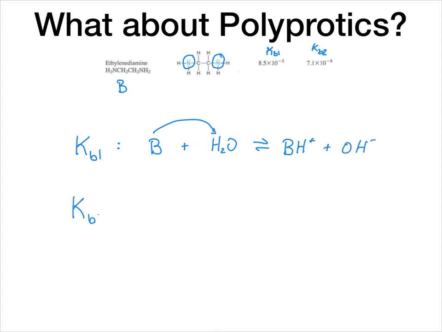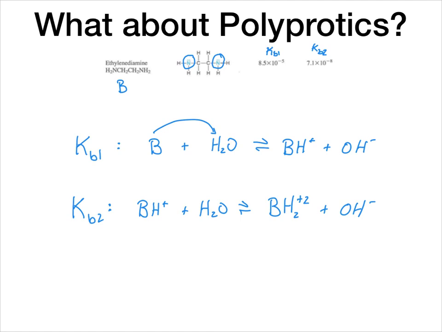And then Kb2 is this conjugate acid reacting with water to form the doubly protonated base, so BH2 2+ and OH-. Again, notice how the charges are being balanced on both sides of the reaction. And also notice how I'm only moving one proton at a time.